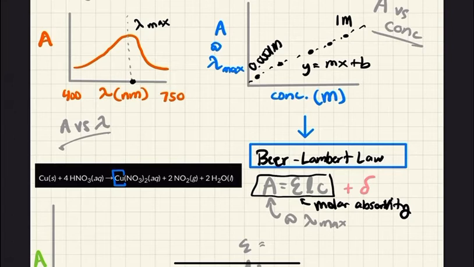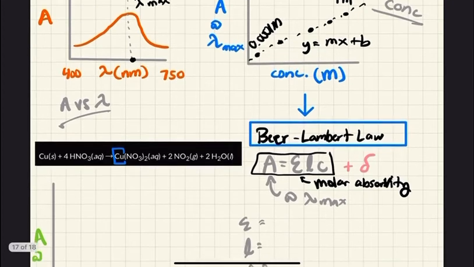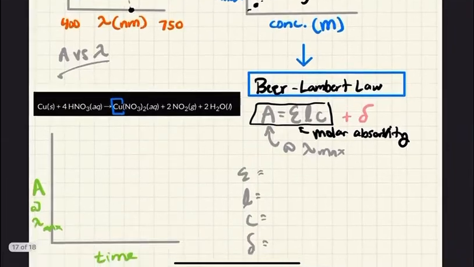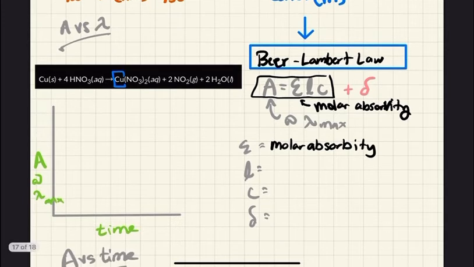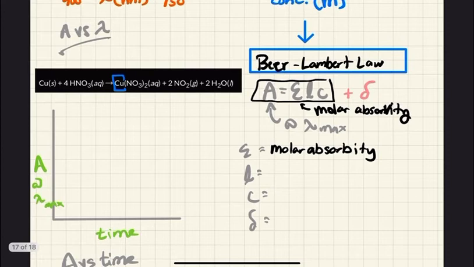A lot of times I will write it as epsilon BC. Here I have an L, but just know that that could vary. Epsilon is a property of the substance, and it's the molar absorptivity, essentially how many photons are absorbed per mole, is sort of conceptually how that works at that wavelength.